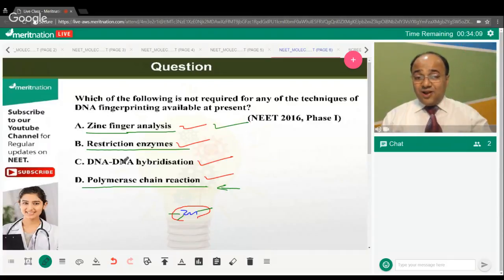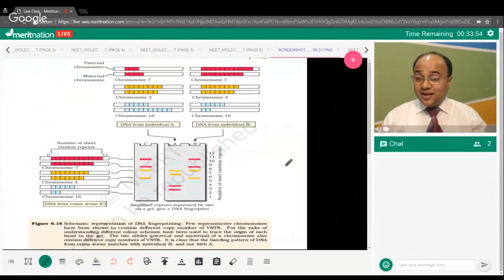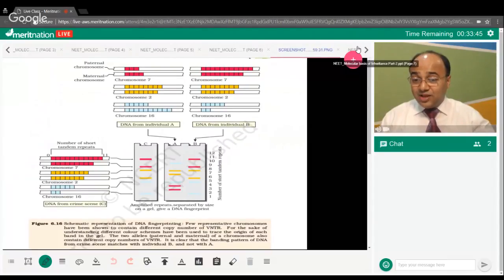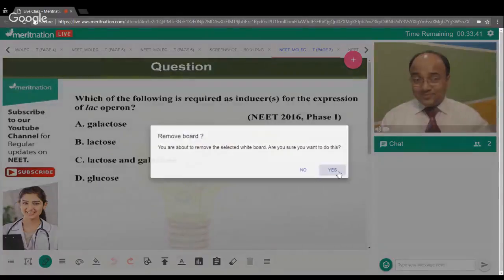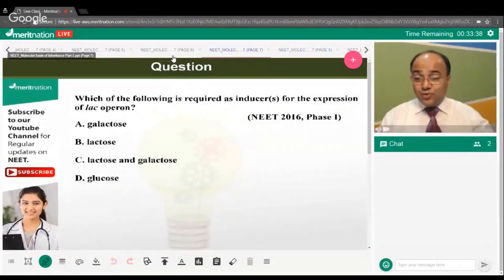Obtain a gel of it, and then hybridize it with a suitable labeled DNA probe, and view it using the autoradiography technique, right? So this is a pretty simple, standard technique, and this is the figure which has been lifted from your NCERT book precisely, and it is for a purpose. You know pretty well what the answer is for this. So I hope the figure gave you the clue.